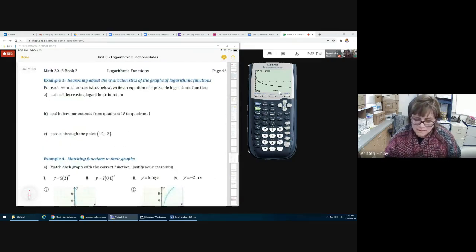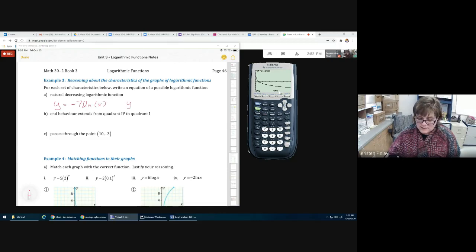So, reasoning about the characteristics of the graphs of logarithmic functions. For each set of characteristics below, write an equation of a possible logarithmic function. Natural, decreasing, logarithmic function. So, if we want it to decrease and we want it natural, we could have y equals -7 ln x.